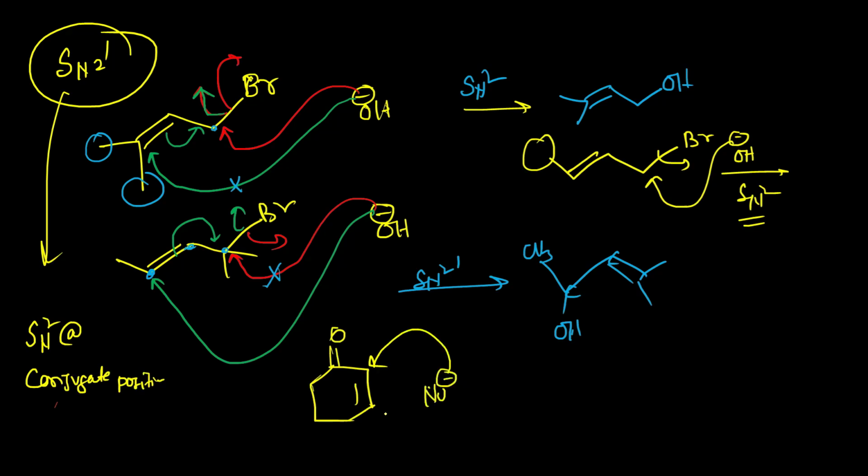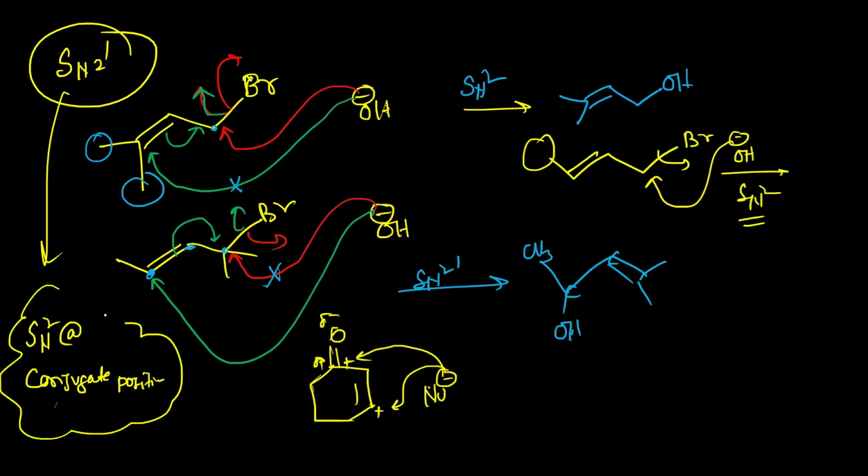It can attack here, or, sorry, this oxygen is delta negative, this is delta positive, and as this is delta positive, if it undergoes resonance, then this portion will also be positive. So two positive centers are there. One is direct, one is conjugate. So this is direct attack, this is conjugate attack. So here SN2 dash is basically SN2 with conjugate attack or conjugate position. I think now it's clear.